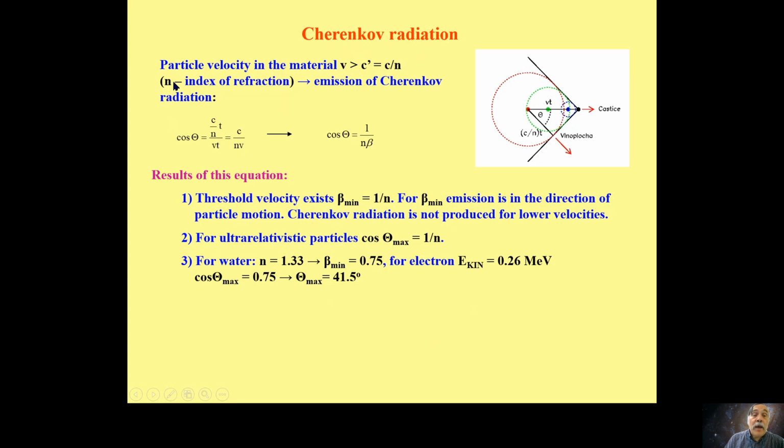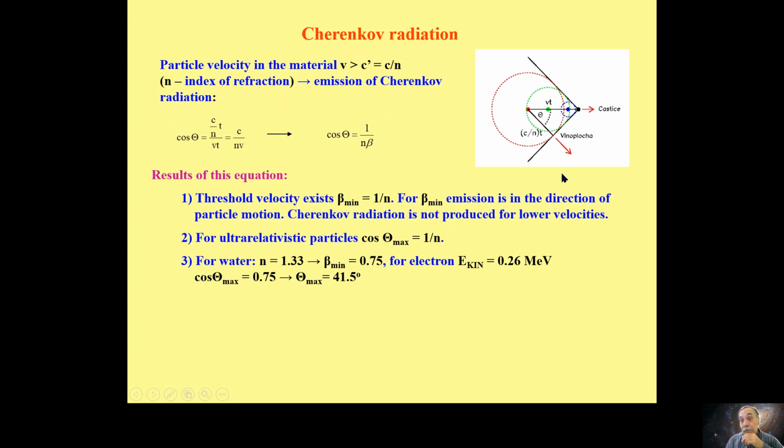If you remember, the index of refraction is higher than 1. That means it is the ratio between the velocity of light in the vacuum and the velocity of light in this material. And how is it with the emission of Cherenkov radiation?